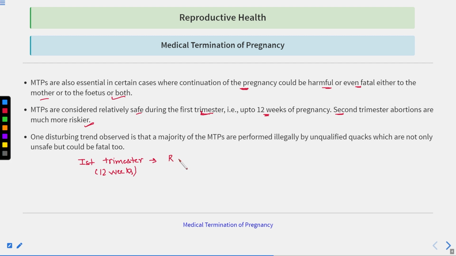Here it is less risky. So the risk is less. Why is the risk less?